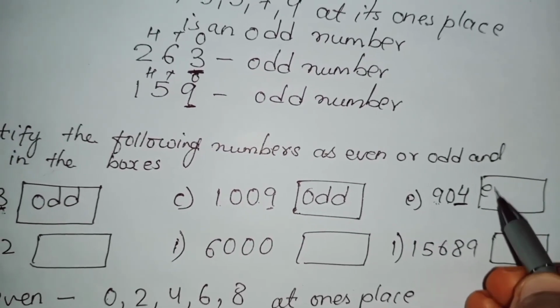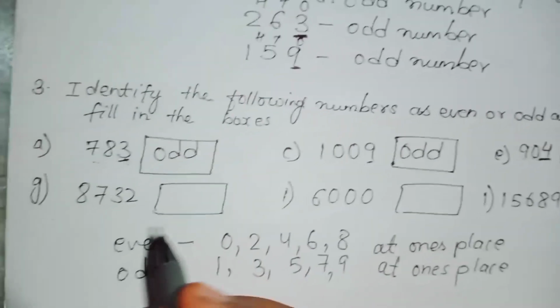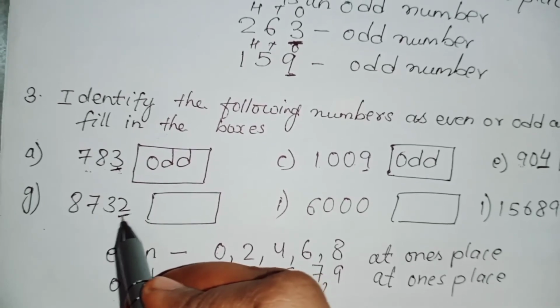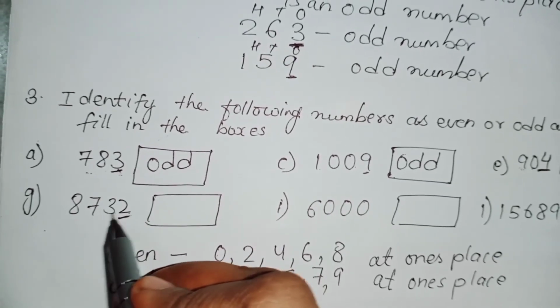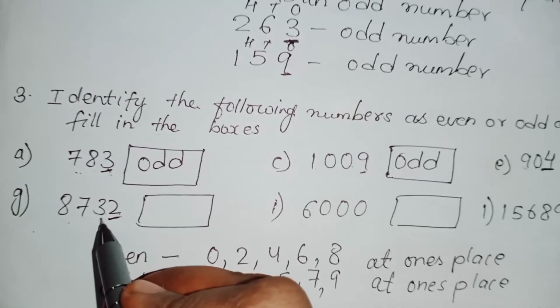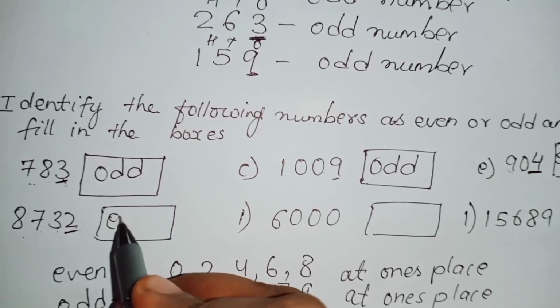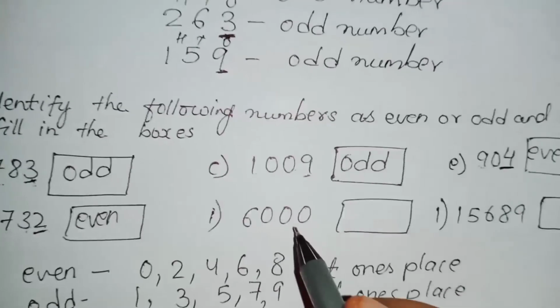So write here even. Now G, you can see at ones place, what is there? 2. This one is 8732. At ones place you can see 2, that means this one is even. 2 comes in the 2 table.